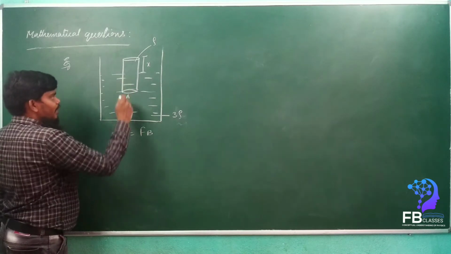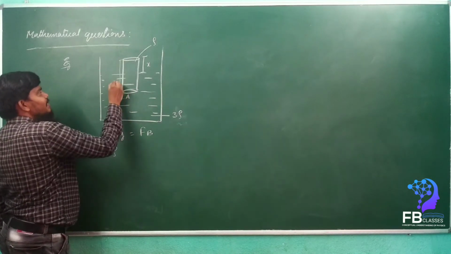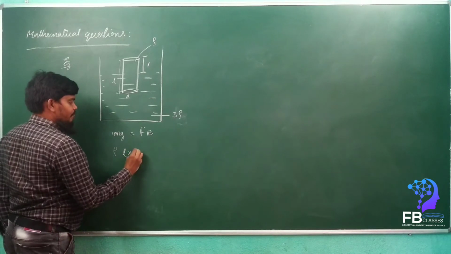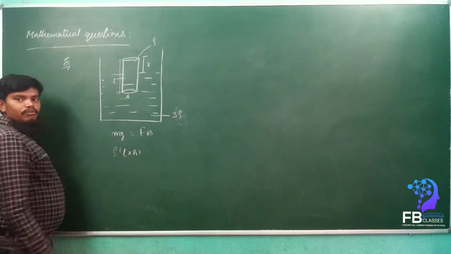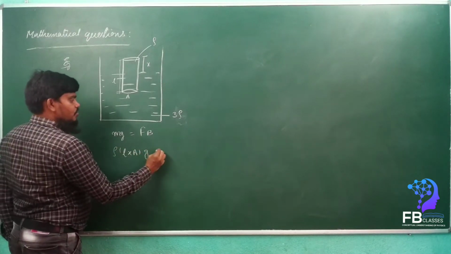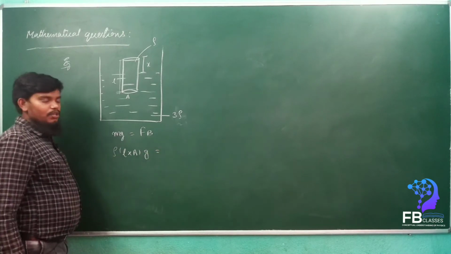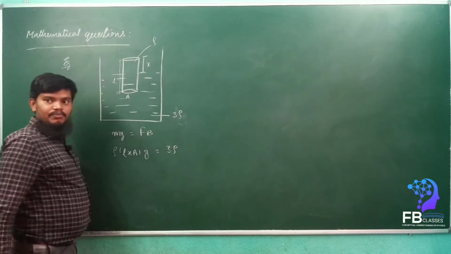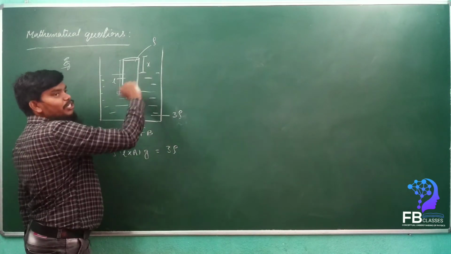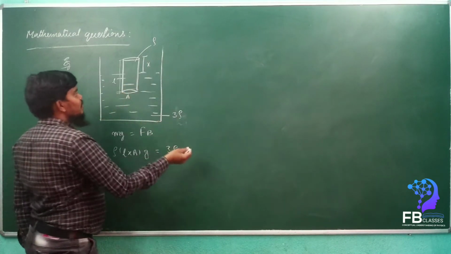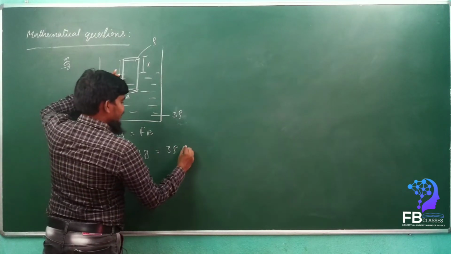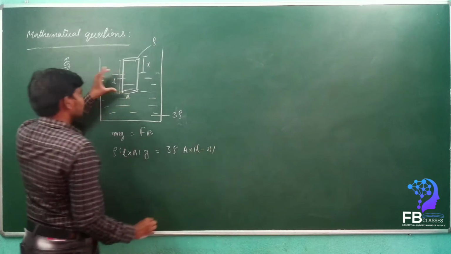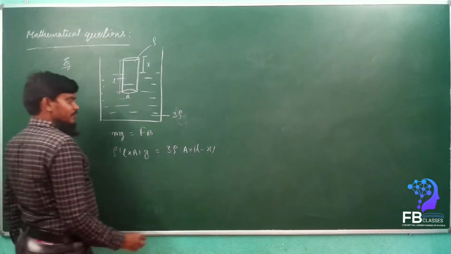Let the total length be L. So the volume is L into A. Then the force of buoyancy is the density of the liquid, 3 rho, times the volume displaced, which is A into (L minus x), into g.